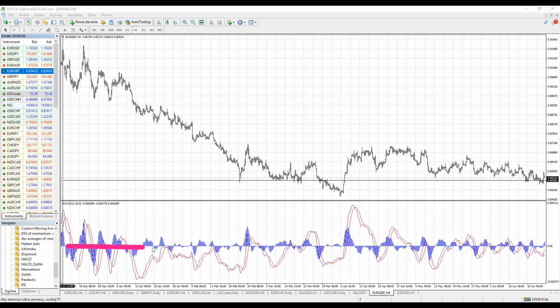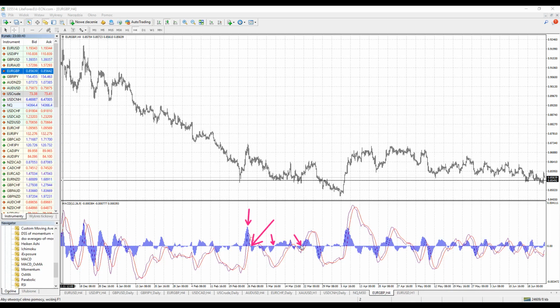So either we are talking about the lines crossing the zero, like here to the downside, here to the downside, here to the upside, here to the downside, or we are talking about the histogram crossing the zero line, like here, here, and here.